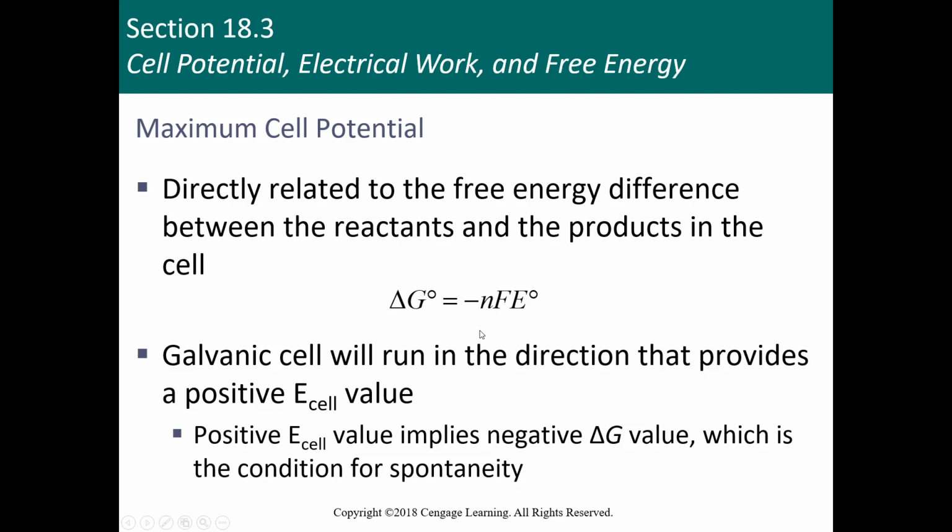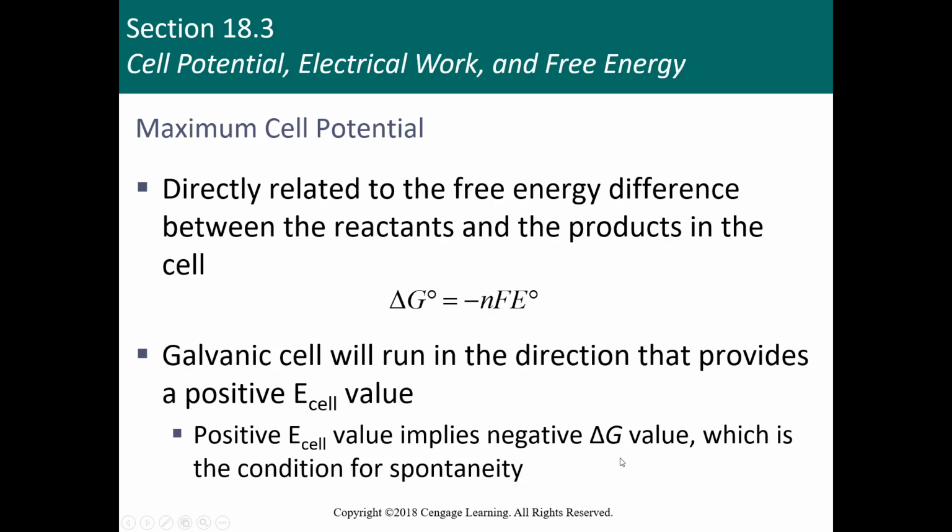And that's why if you get this reversed, if you were to give a negative E naught, that would give you a positive delta G, and that would mean electrons would run in the reverse direction spontaneously. So a positive E cell is going to imply a negative delta G value.